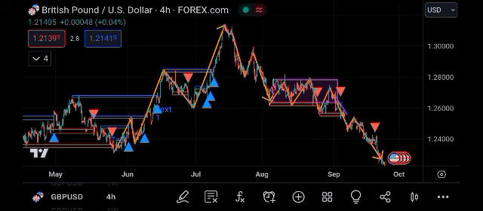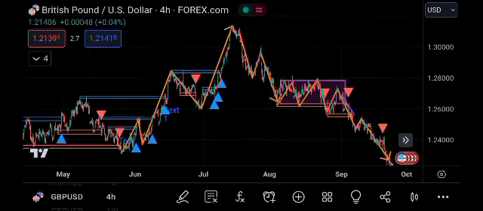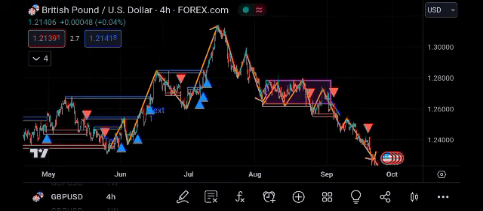So in the five waves, what defines who is in control is the velocity and the momentum of each impulsive move. In a bear market, price is making lower lows and lower highs.